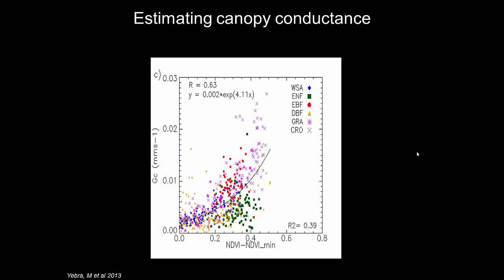So how did we do this? Well, basically we established exponential equations between different vegetation indices and canopy conductance. Here you can see, for example, the relation we established with NDVI and canopy conductance measured in different vegetation functional types and different places around the world by the eddy-covariance flux towers.